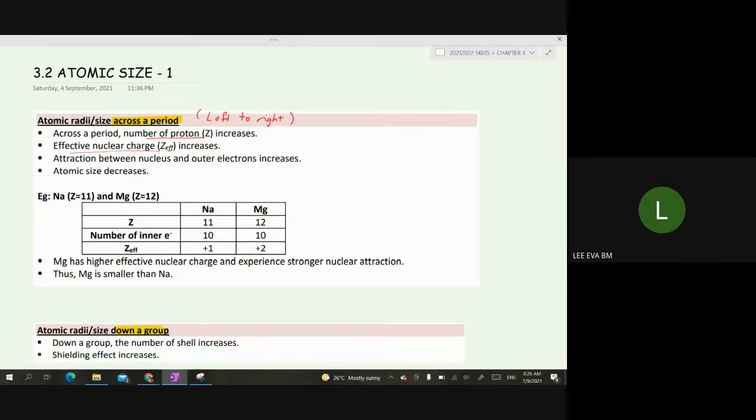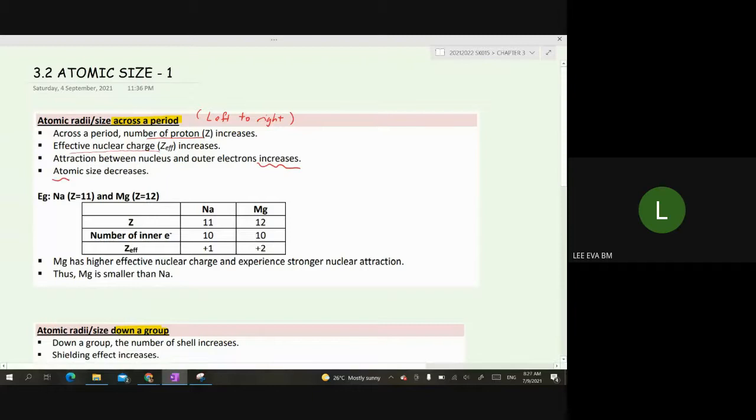Okay, so since the effective nuclear charge increases, the attraction between nucleus and the outer electron increases as well. Sebab dia punya daya tarikan dia sudah meningkat. Jadi attraction dia pun jadi makin kuat. So when the attraction is getting stronger and stronger, the nucleus is able to pull in the outer electron closer.